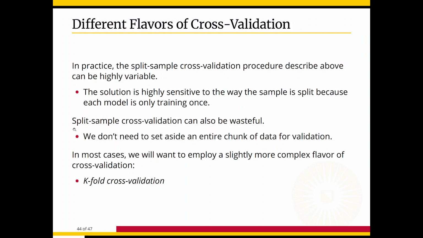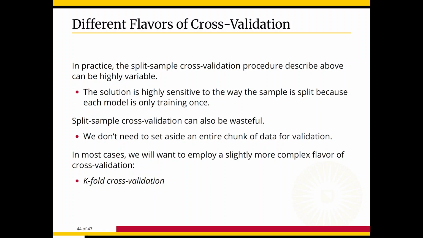Also, if we're dealing with any kind of sample size issues, or even if we just don't want to be wasteful of our data, regardless of how much data we have, this split sample cross-validation is kind of wasteful. We have an entire holdout set that we never use for estimating the model. We just set it aside and only use it to test the predictive performance.